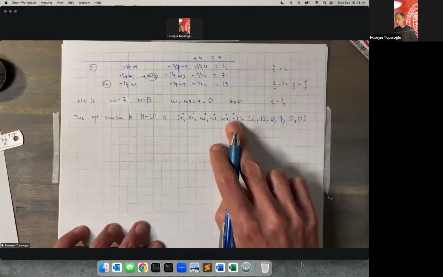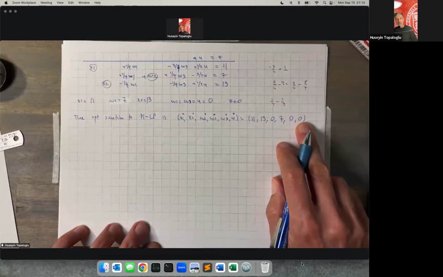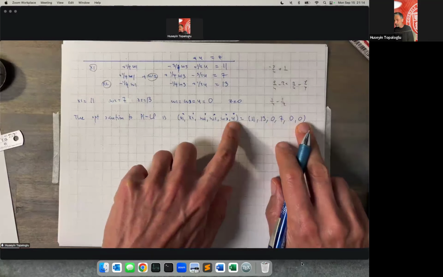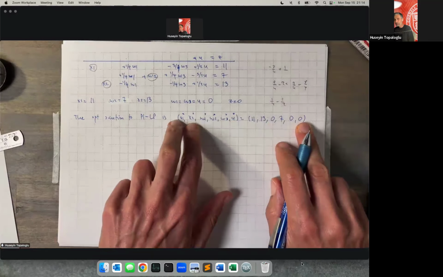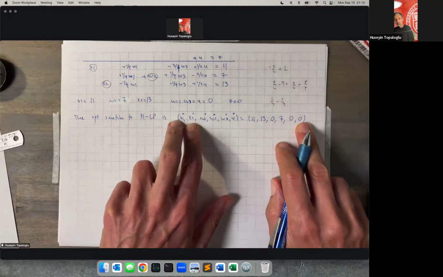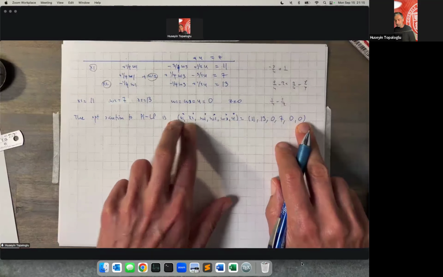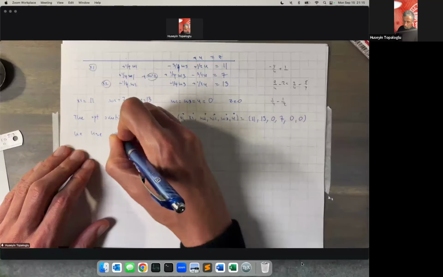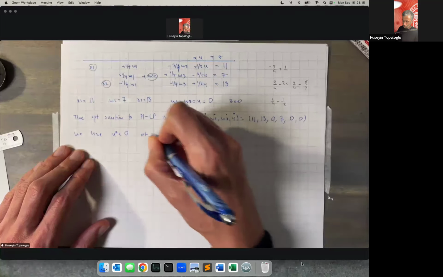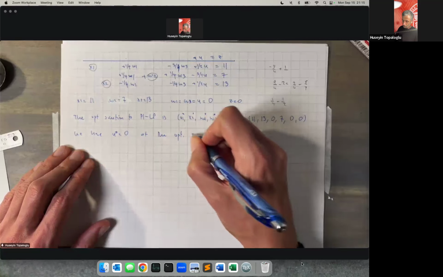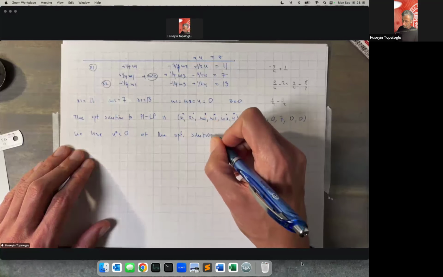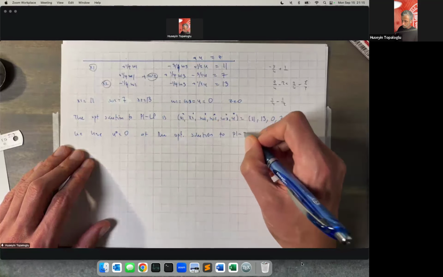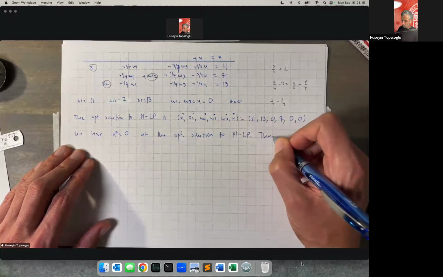Do we have U star equals 0 at the optimal solution to the phase-1 linear program? Yes. Then the values of these X1, X2 variables have to be feasible to the original linear program that we would like to solve. We have U star equals 0 at the optimal solution to the phase-1 LP.